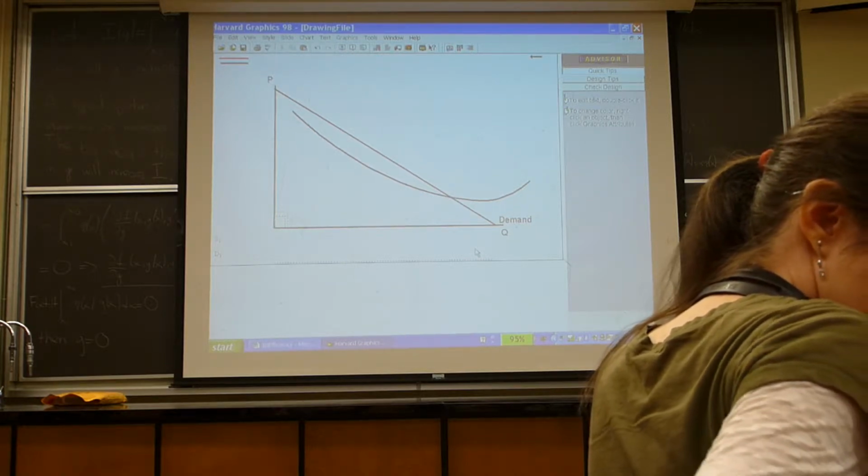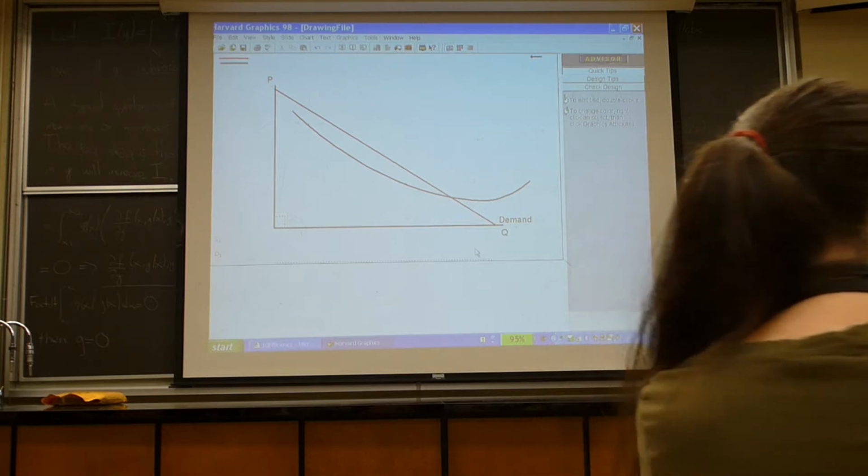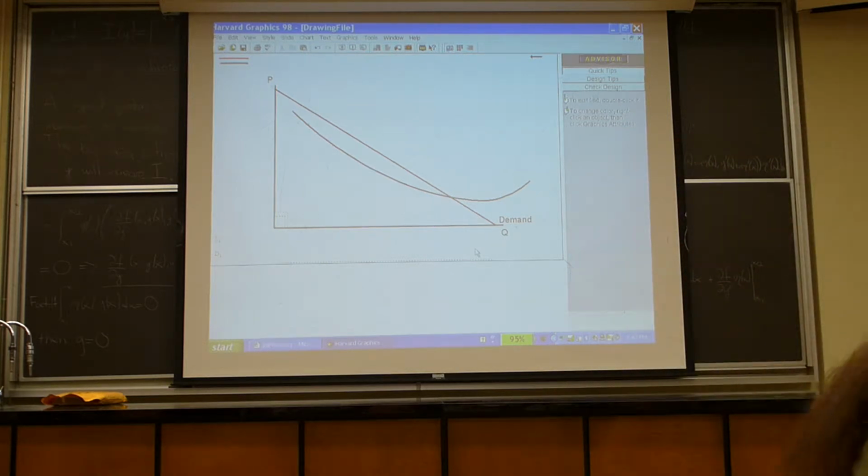Here we go. This is a diagram of a natural monopoly. Show monopoly equilibrium, price, and quantity, and economic profit or loss for 5 marks. Let's do it.